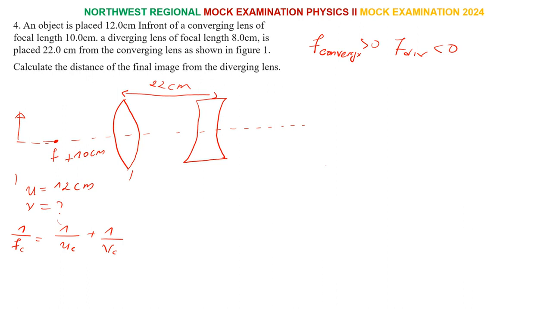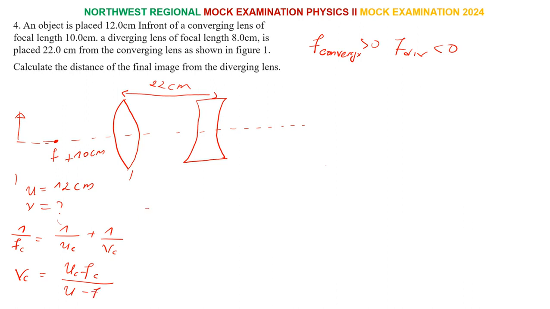So it means it is formed like this with respect to the convex, the converging lens. So here we are looking for VC. If you make VC the subject, VC will simply be UC FC divided by UC minus FC.